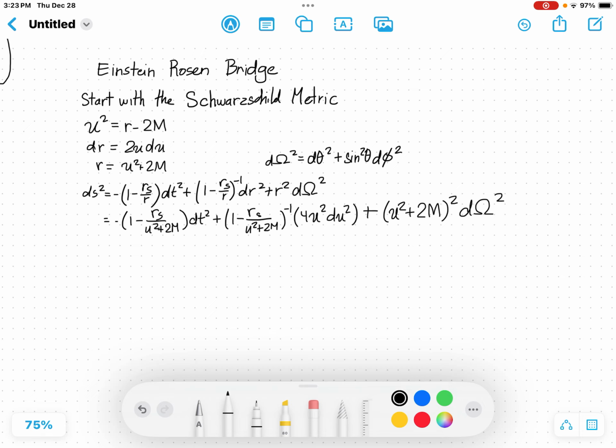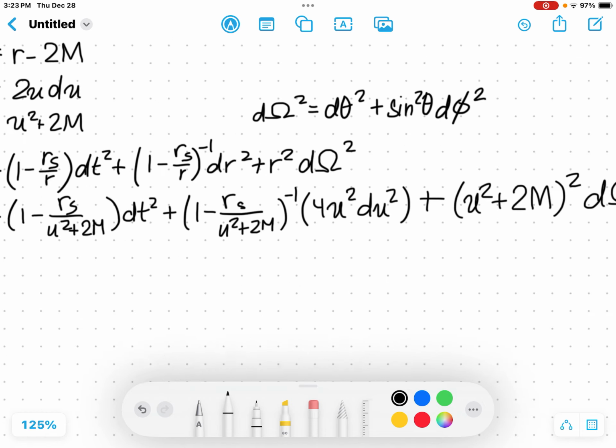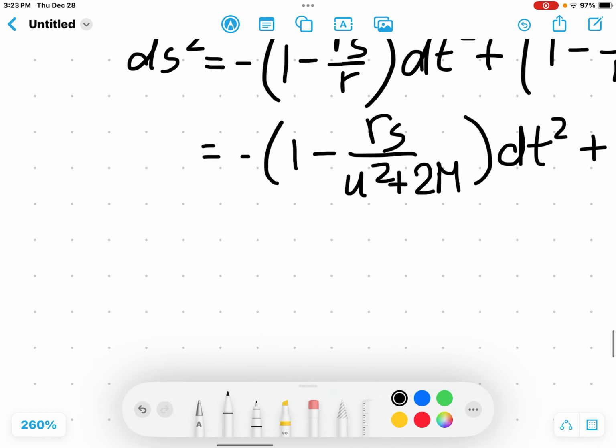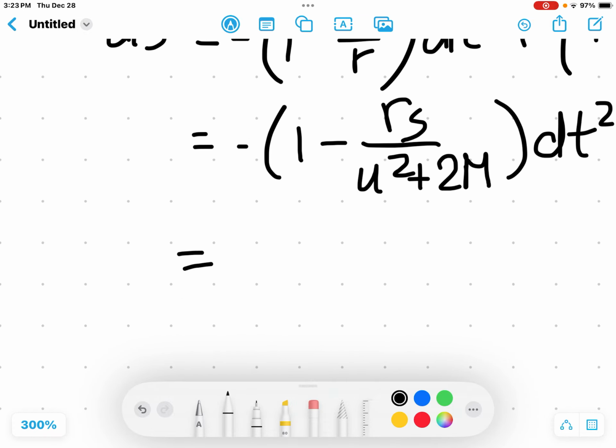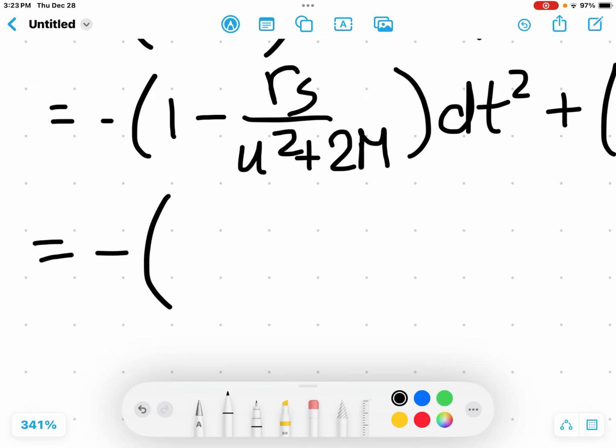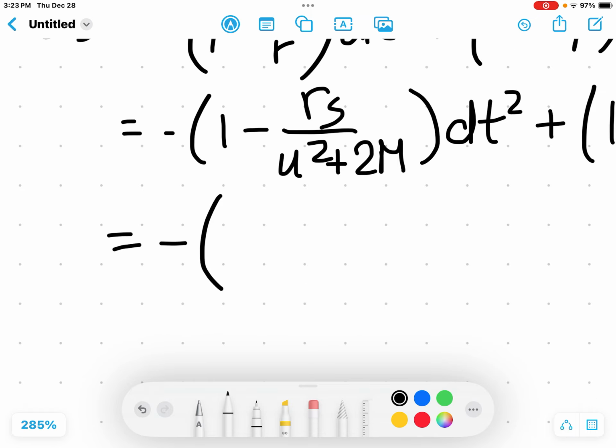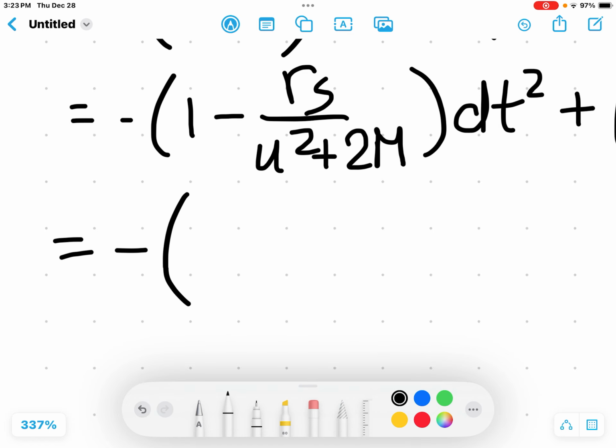So I believe there are some simplifications you guys can do with this one. I would expand this out. So this would be 1 minus this, so that's a 1 over 1, and then I cross multiply, of course.